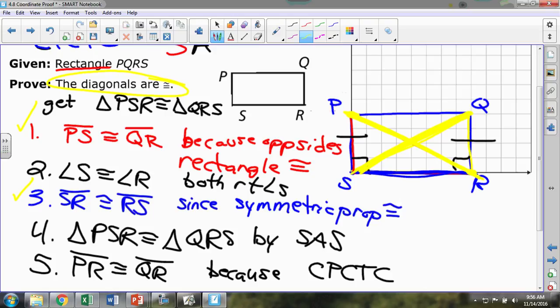There are many different correct avenues that you can use when you apply coordinate proof. Use any formula you want. You can use slope, you can use midpoint, you can use distance formula. We didn't go through and do them here, but those are tools that are available to you.